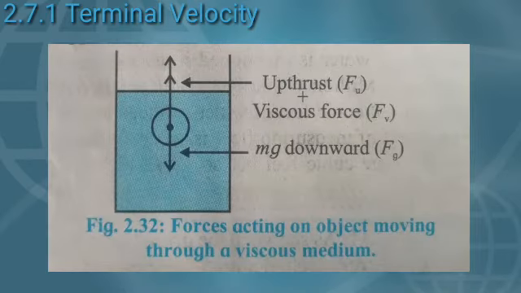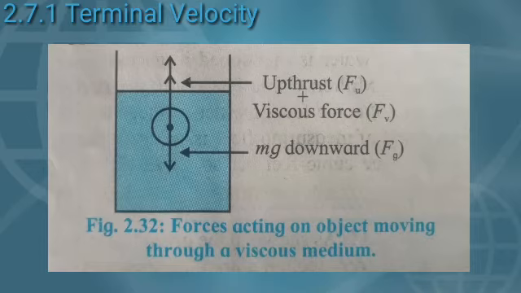Consider a spherical object falling under gravity through a viscous medium as shown in the figure. Let the radius of the sphere be r, its mass m, and density rho. Let the density of the medium be sigma and its coefficient of viscosity be eta.